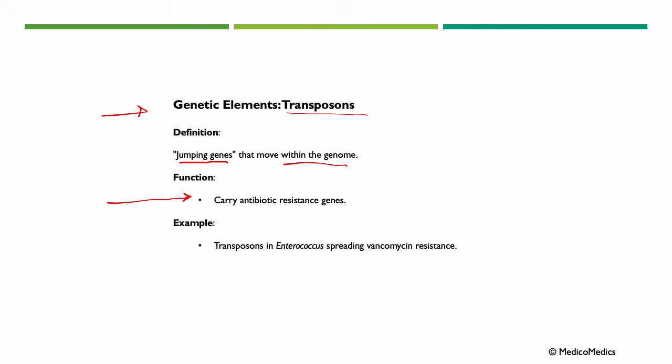Many transposons carry antibiotic resistance genes, allowing bacteria to survive antibiotic treatment. Some transposons also contain genes encoding toxins or virulence factors, which enhances the pathogenic potential of bacteria.